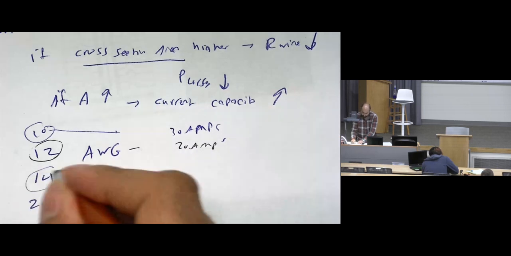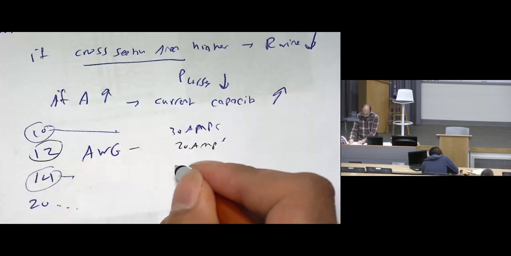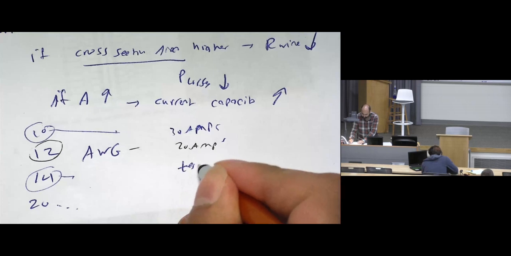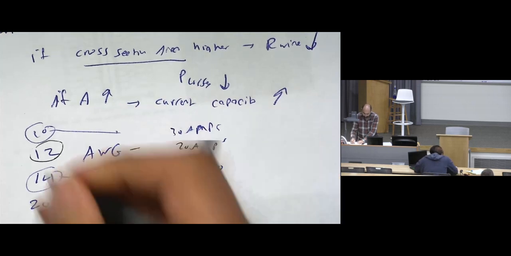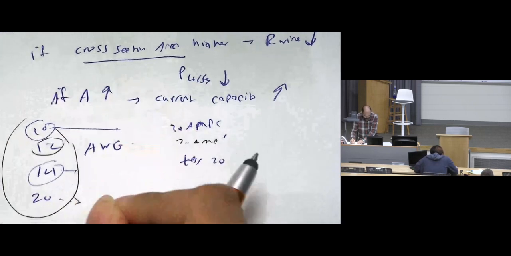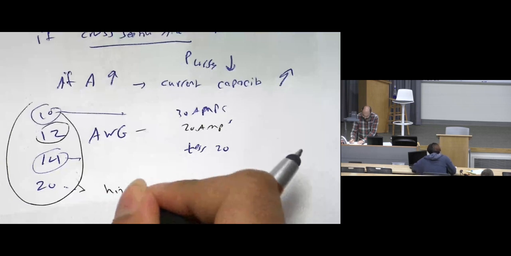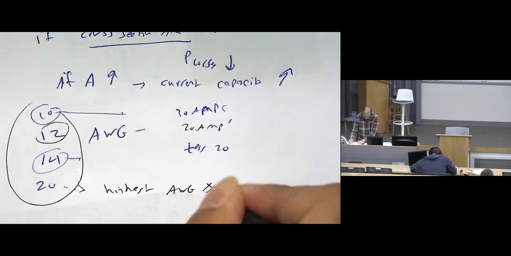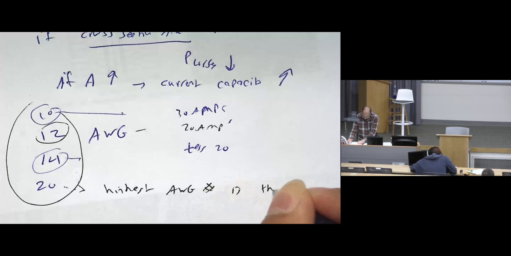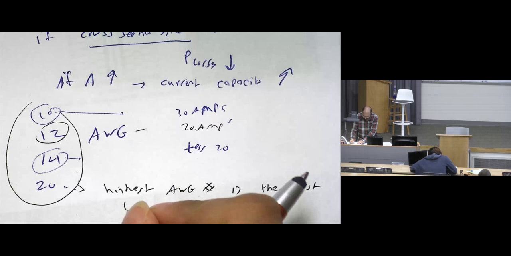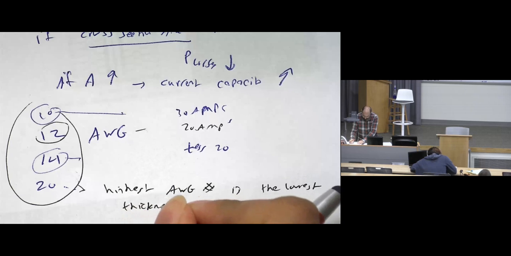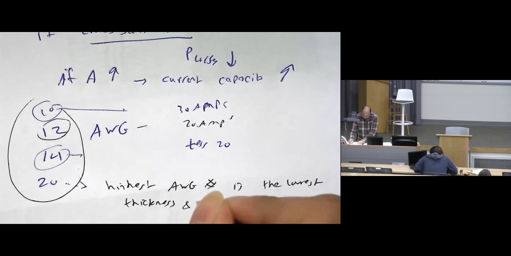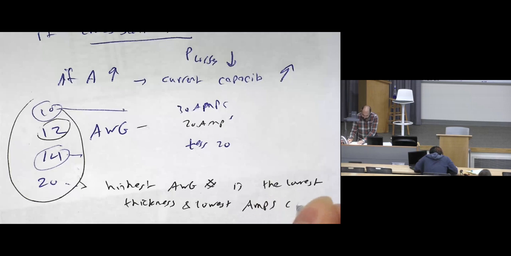And AWG 14, I'm not exactly sure, but it's less than 20, of course. So based on that, the highest AWG number has the lowest thickness and the lowest ampere capacity.